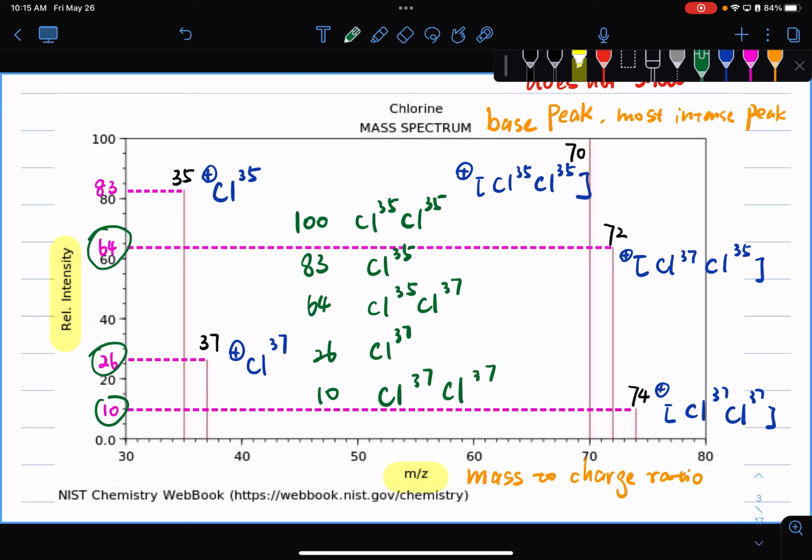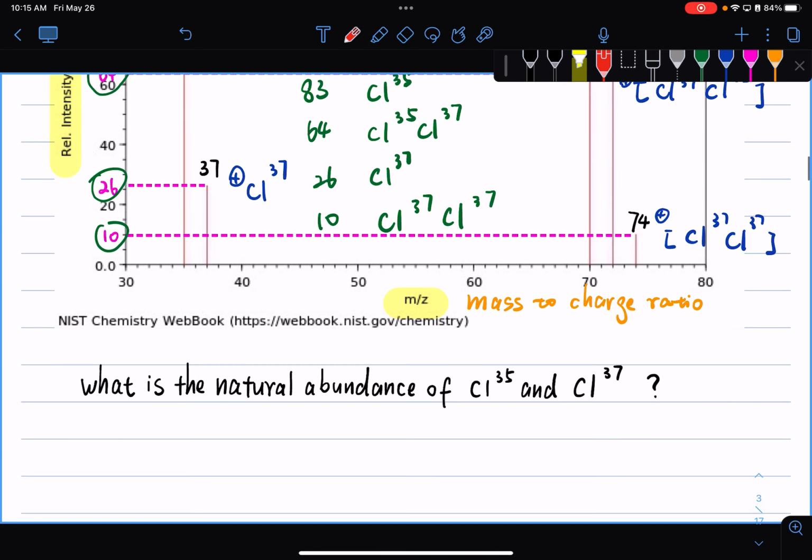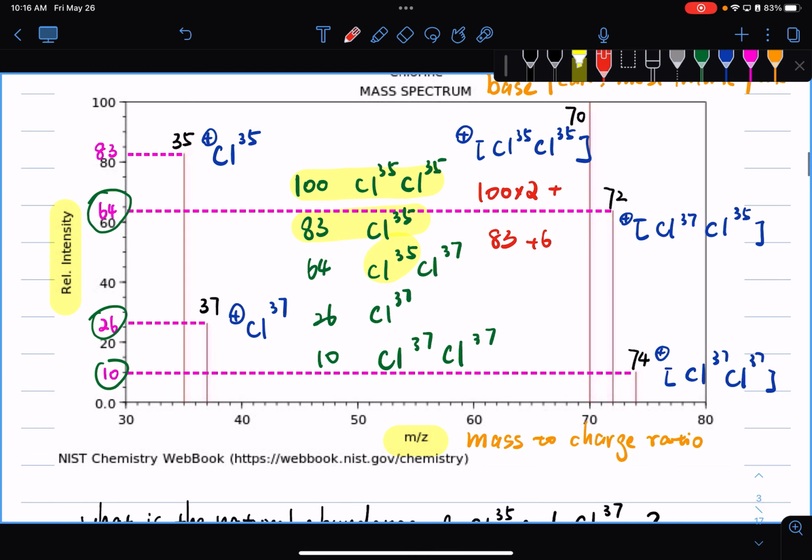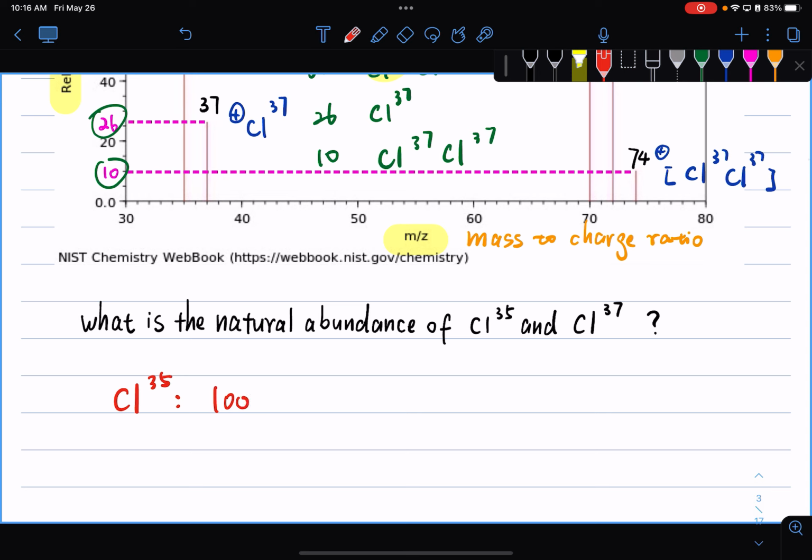So if we're doing the calculation, what's the total relative amount of my chlorine 35 we have? So that's here. We have 100 times 2 plus 83 plus 64.